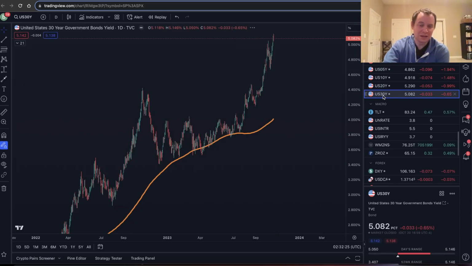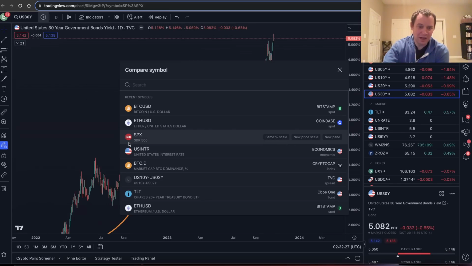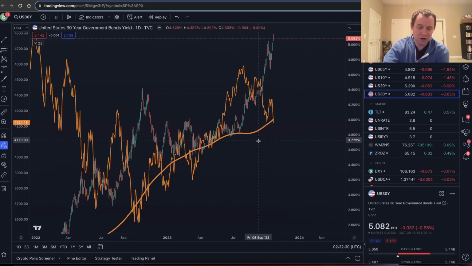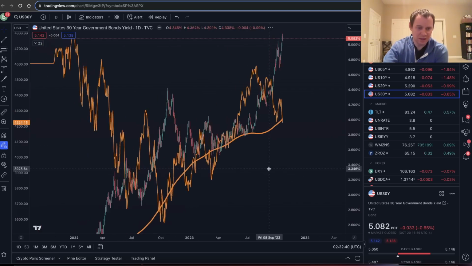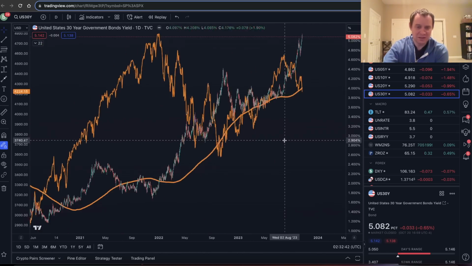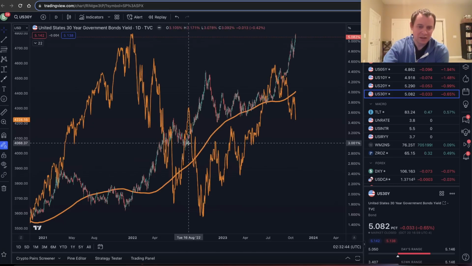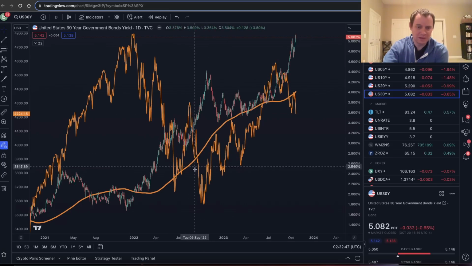If you look at the 30-year, and if you were to overlay the S&P 500 onto this chart, what you'll see is if the 30-year is screaming to the upside, then the S&P is normally going to the downside. Normally, not always, but normally. There are a lot of cases where you'll see something very similar. If the 30-year is going up, the S&P is going down.